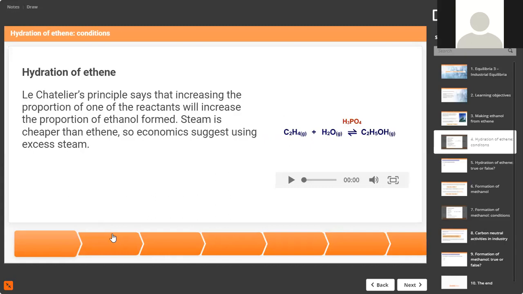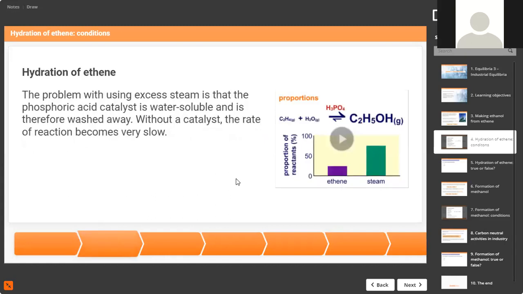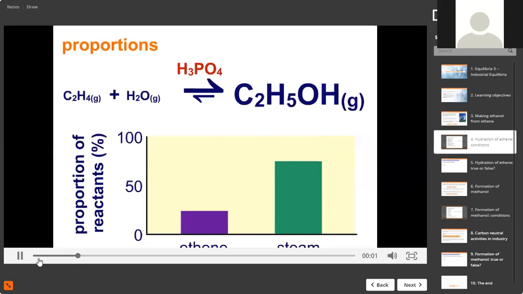Now, it's hydration of ethene. So the problem of using excess steam, and there is a problem, is that the phosphoric acid catalyst that we use is water soluble. So we increase steam, the catalyst is washed away, but without a catalyst, the rate of reaction becomes very slow. So we would say that this increases, but phosphoric acid is water soluble.